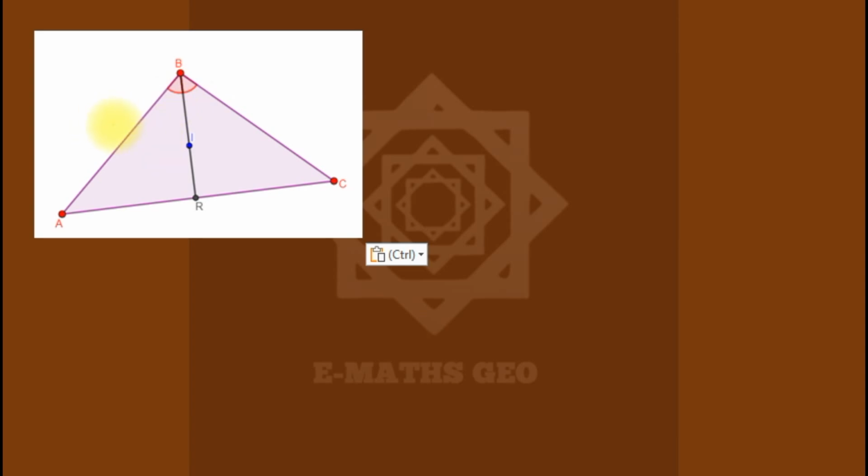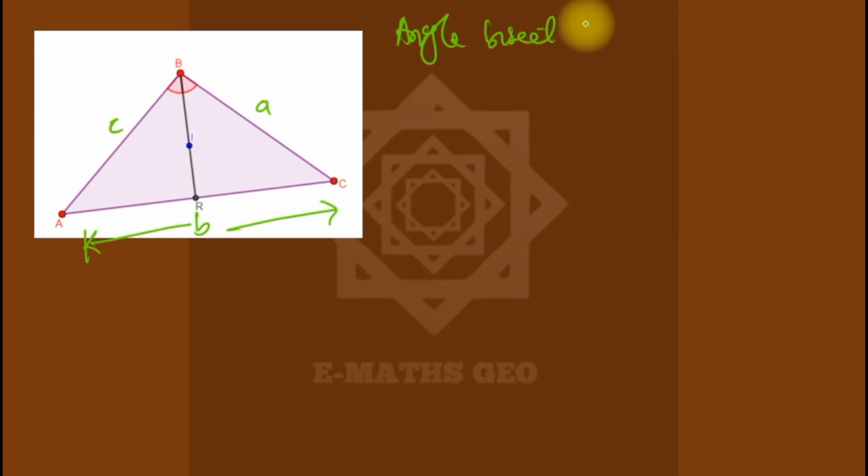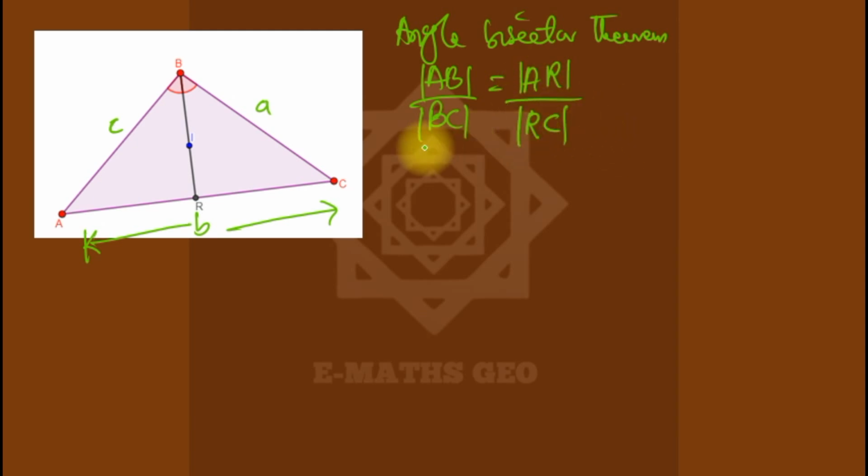If we call this length C, this length A, and this length B, then by the angle bisector theorem, AB over BC is equal to AR over RC.